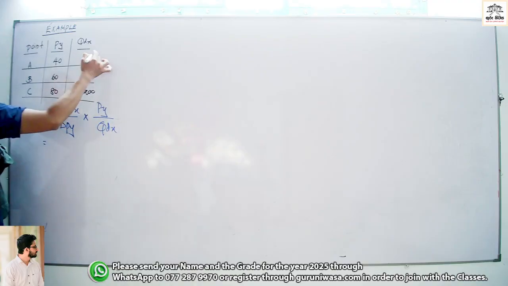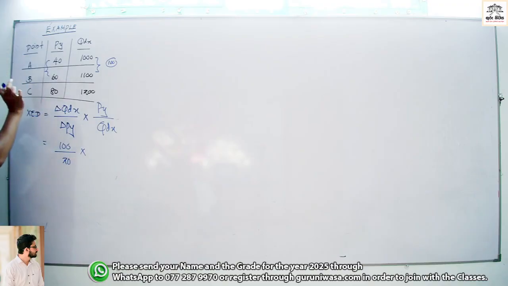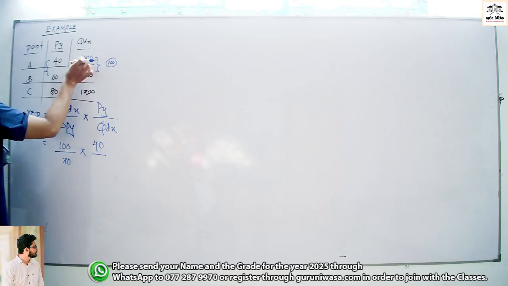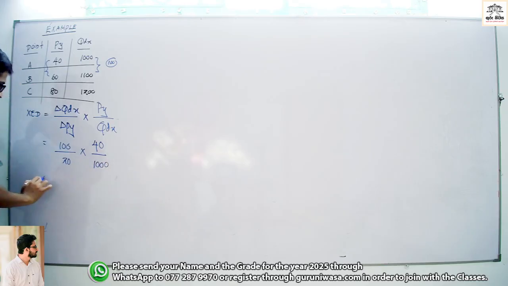Take the change, delta QDX. How much? 100, right. Here change is 100 divided by change in price 20 into, we are calculating XED at point A. At point A, PY is 40 rupees and quantity demanded of product X is 1000 units. So how much is the value?